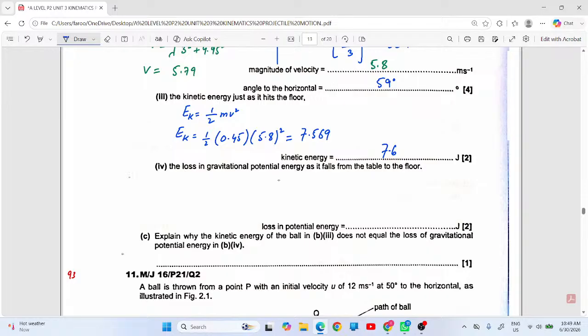The loss in gravitational potential energy as it falls from the table.